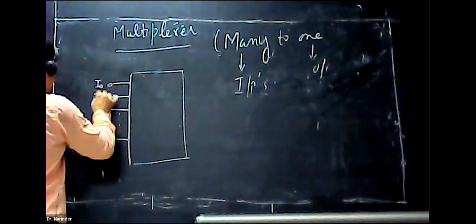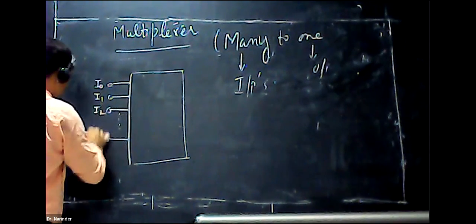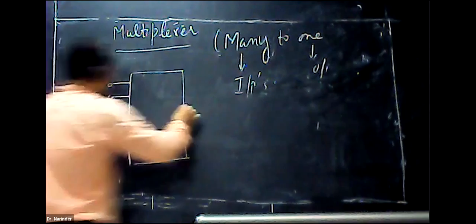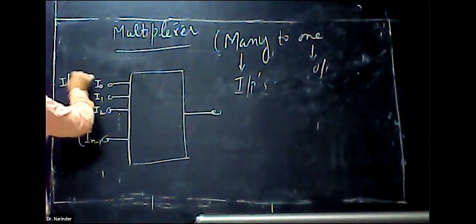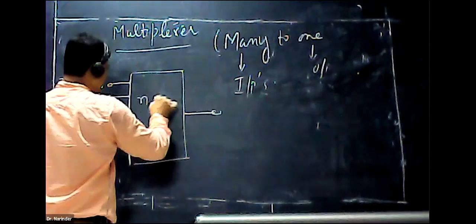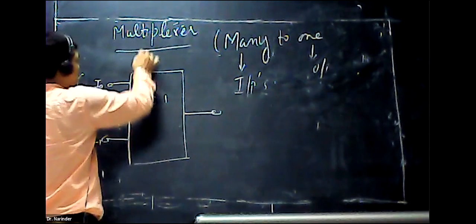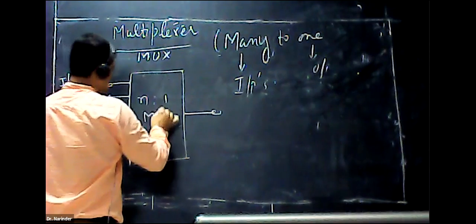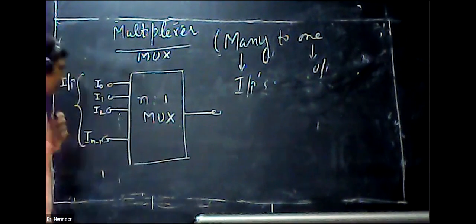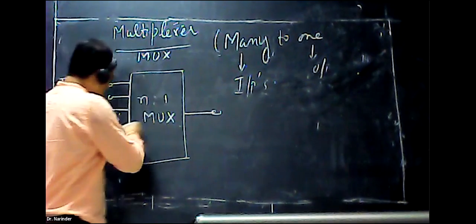I0, I1, I2 goes up to In minus 1. There would be one output. These are the inputs. It is said to be n is to 1. Multiplexer is popularly known as mux. Many inputs.